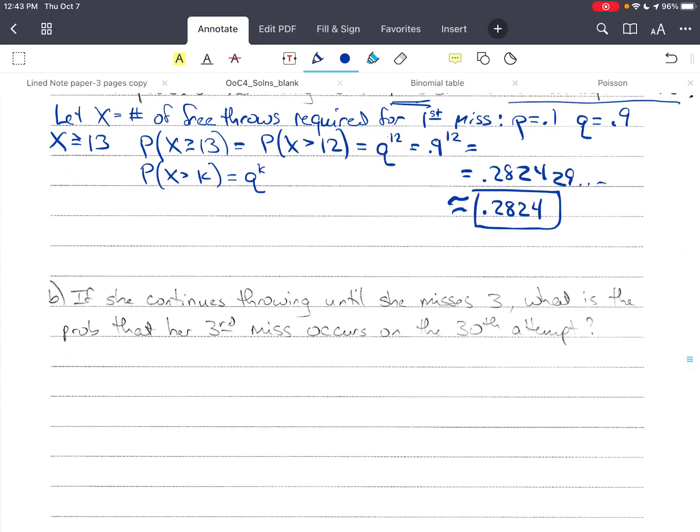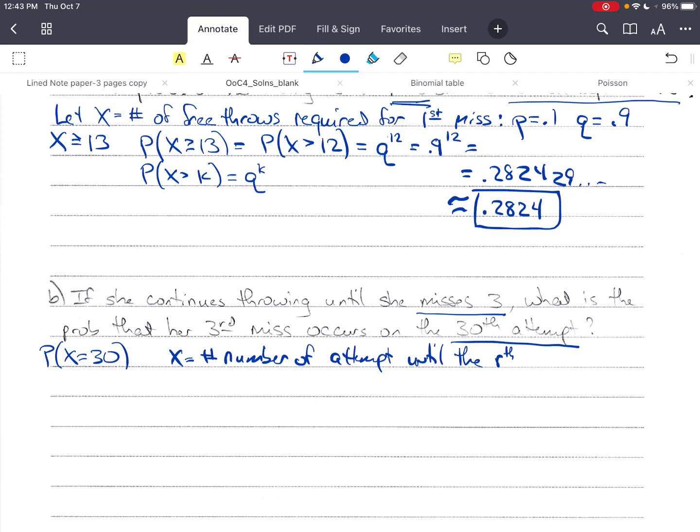Now let's assume that she's going to continue throwing until she has 3 misses. What's the probability that her third miss occurs on the 30th attempt? So this is the probability that X is equal to 30, where X is the number of attempts until the rth, in this case third, miss.